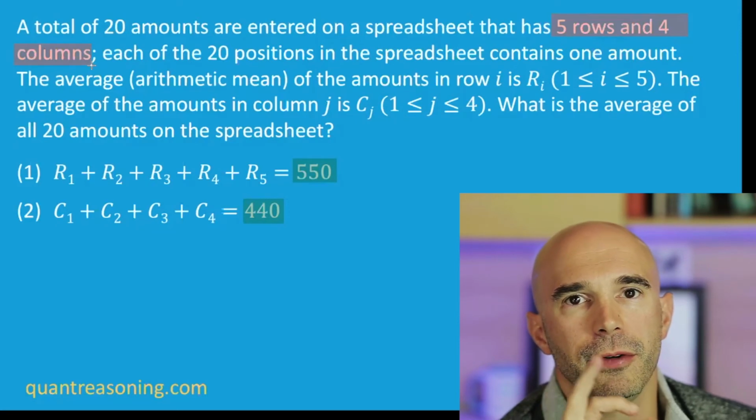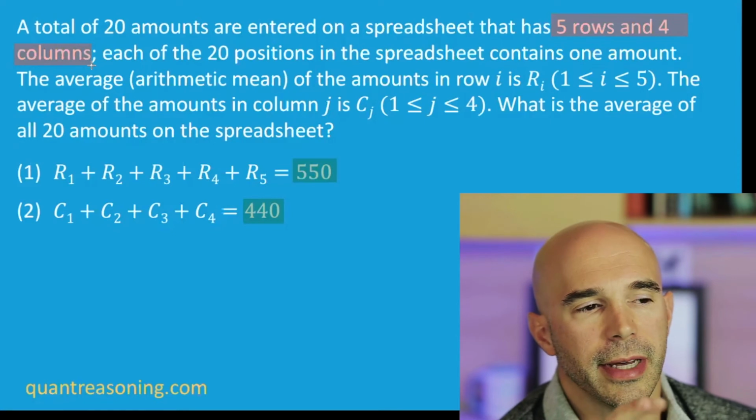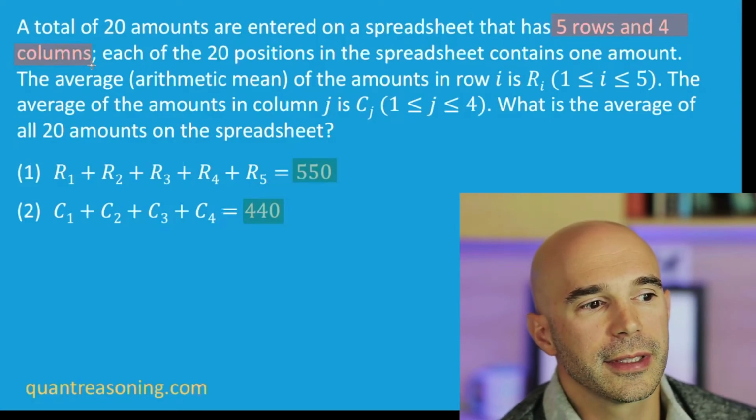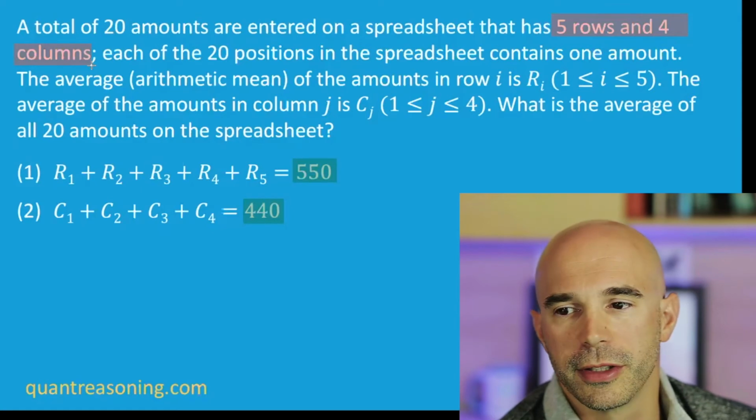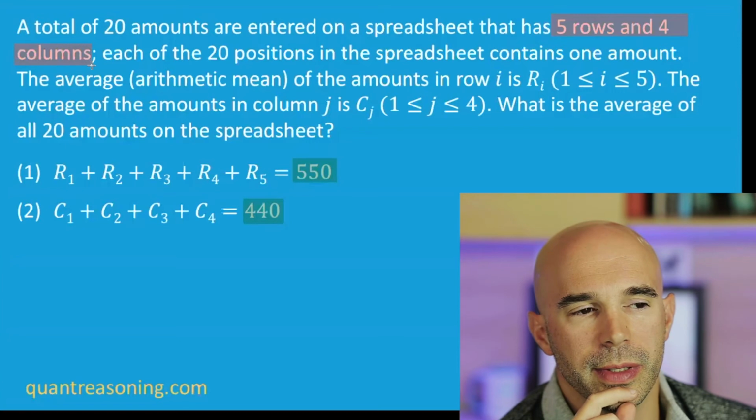You have 5/4 as many rows as you have columns, and it just so happens that the sum of the rows is 5/4 the sum of the columns. I shouldn't say that. The sum of the averages of the rows is 5/4 the sum of the averages of the columns. That's too big of a coincidence to be just a coincidence.